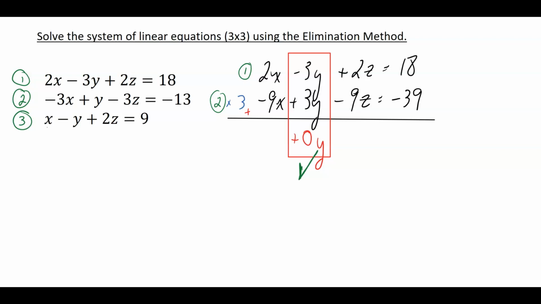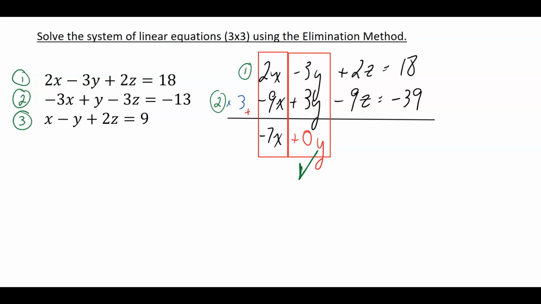And remember, you can only add like terms, so we'll work vertically like this. Notice how I have my x, my y, my z, and my constant all lined up. That is very helpful. So let's add these two. 2x plus minus 9x, which is minus 7x.